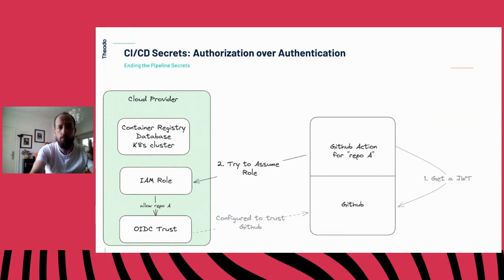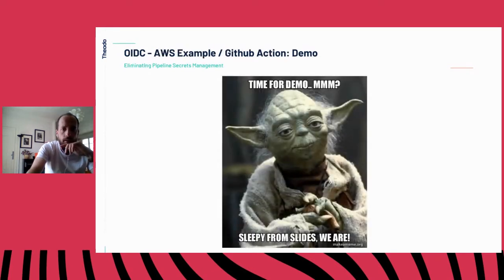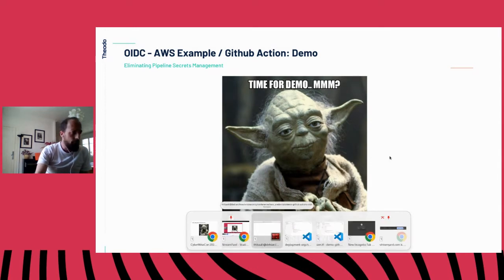If it has been allowed in the policy to connect, after the JWT has been verified, you will be able to get short-term credentials to connect and interact with your infrastructure to deploy things, push a Docker container, access a database, connect to a Kubernetes cluster, whatever. So I will show you how it works.